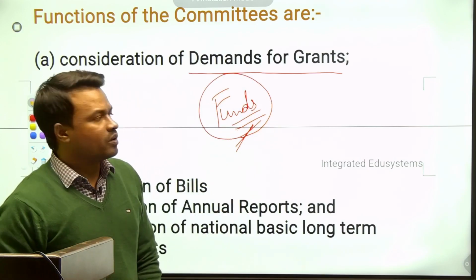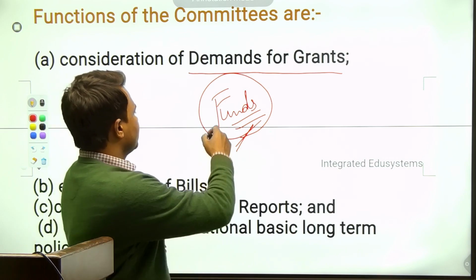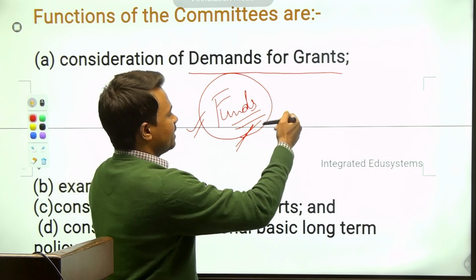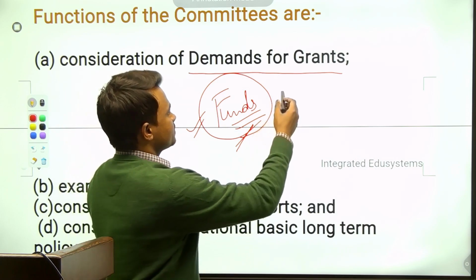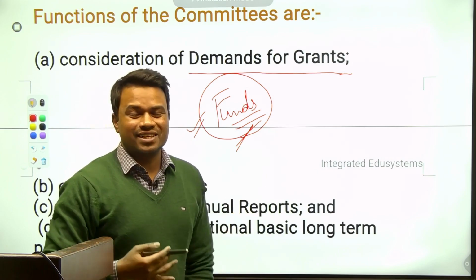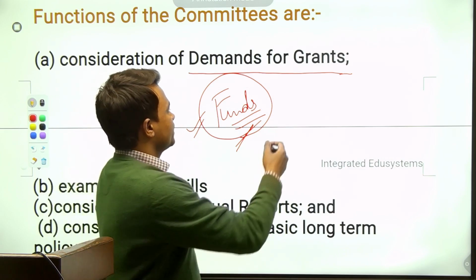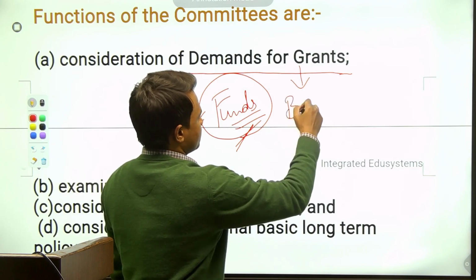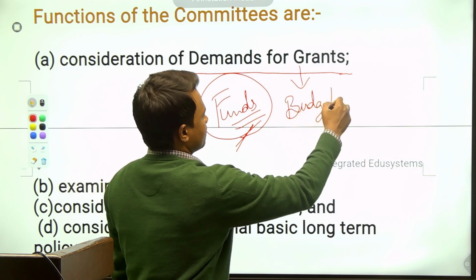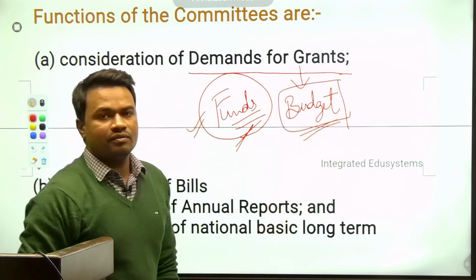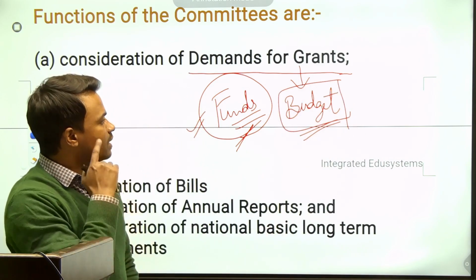Funds are important for every organization to function. But in India, we know that funds cannot be directly withdrawn from the treasury; it is through the proper channel. Obviously, the first source of funds is the budget, provided by the Ministry of Finance.